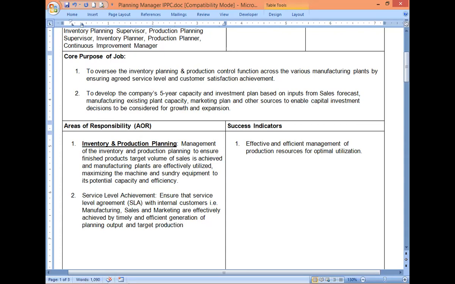And target production volume. That would be okay. For what? For manufacturing. Manufacturing, and be flexible. Make some adjustment. Not always right the first time. Sometimes you have to make adjustments, right?